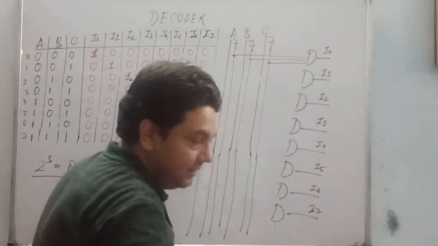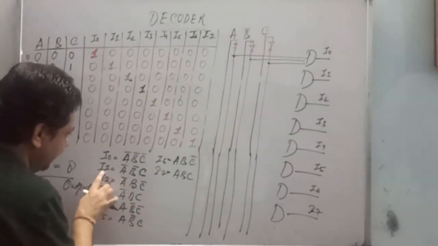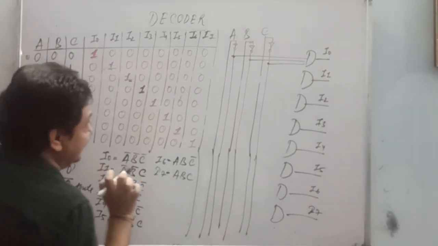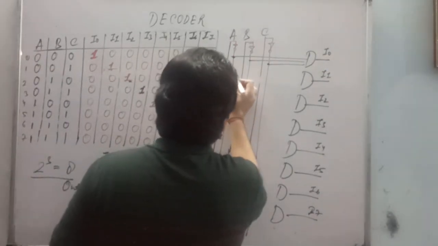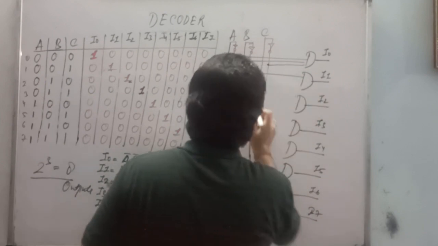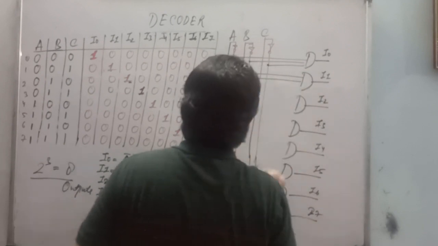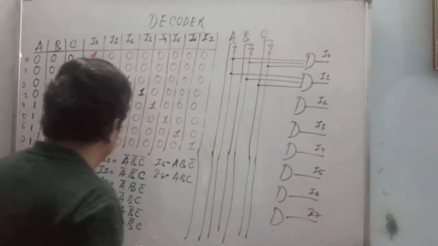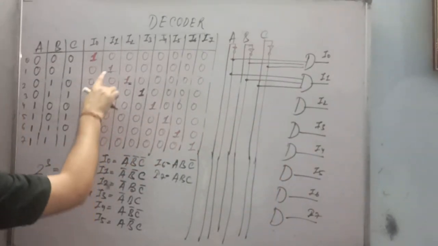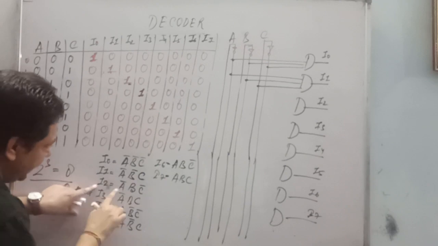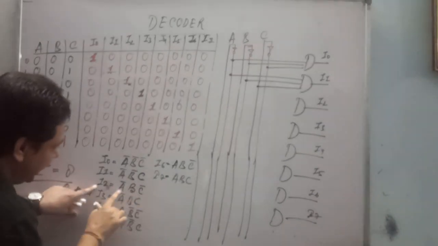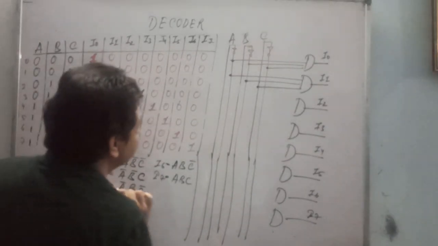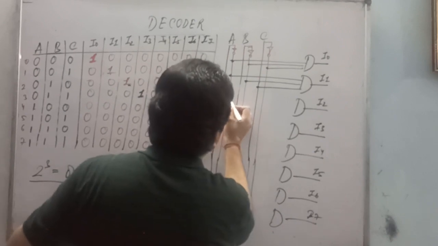Fine. For I1, A complement, B complement, C. So this is A complement, this is B complement, and C we have to pass directly. Understand? For I1. I2, A bar, B, C bar. A bar means not.